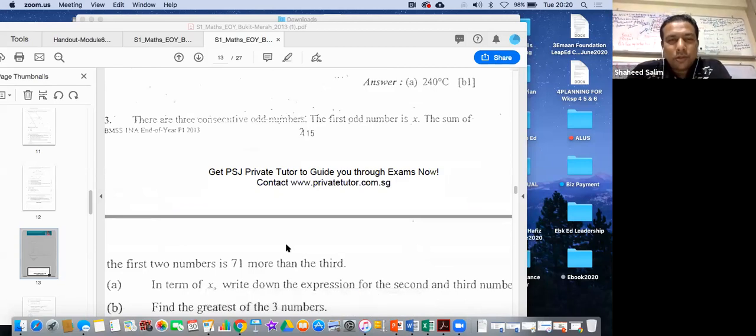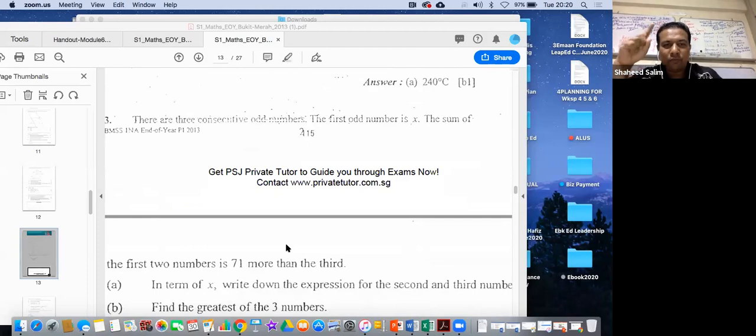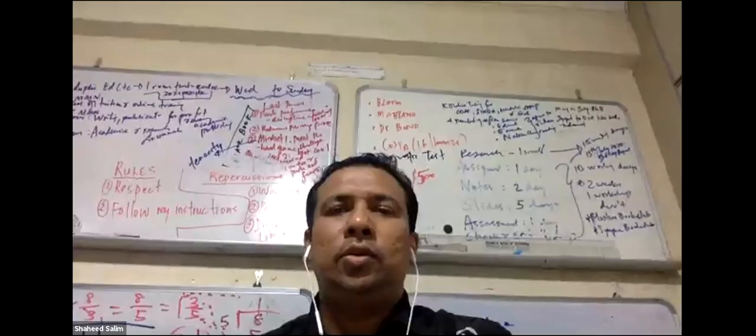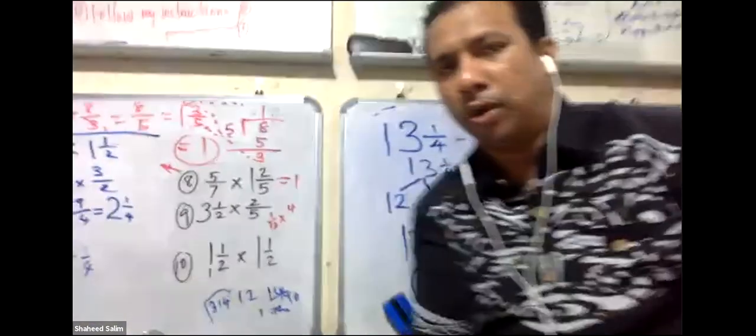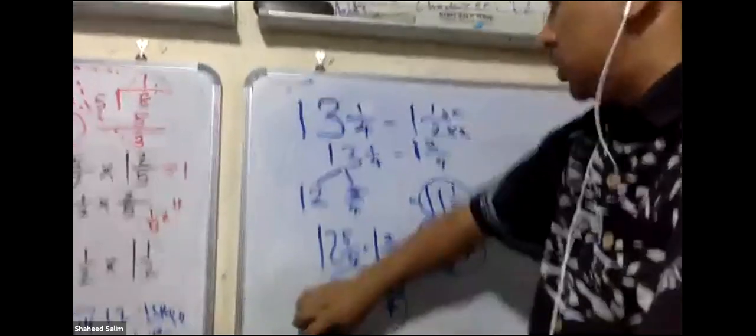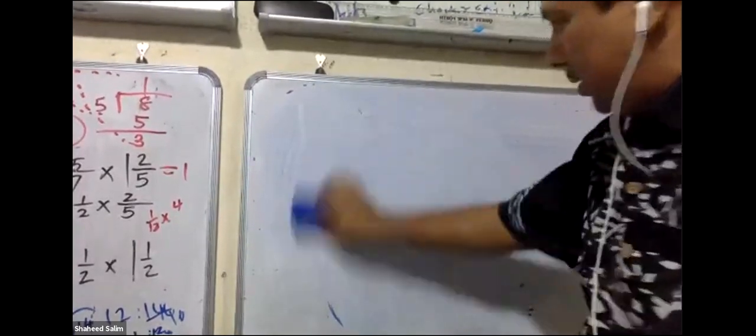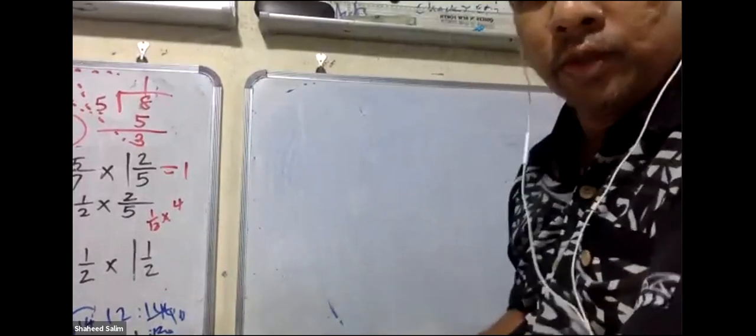Okay. So these are consecutive odd numbers. So can I see how you did it? Please share with me. Just hold on. The sum of the first 2 numbers is 71 more than the third. I don't know how to do this one. Okay, so let us start with this on the board now. We let the smallest number be, what are you going to call it?